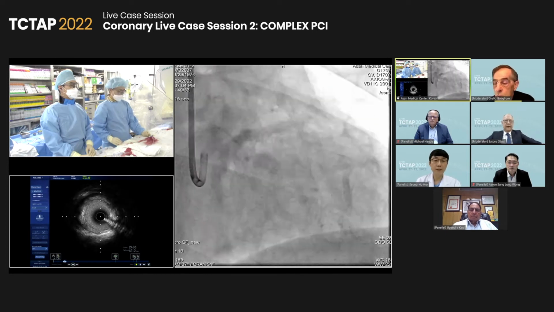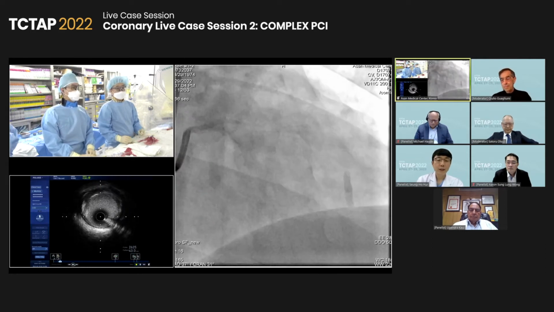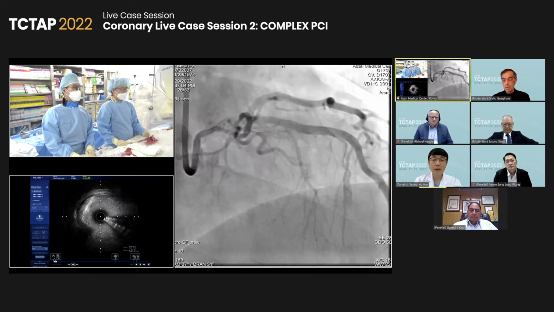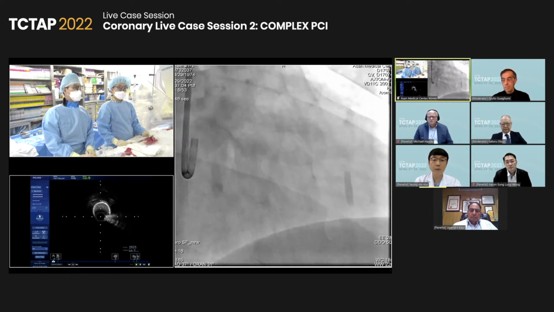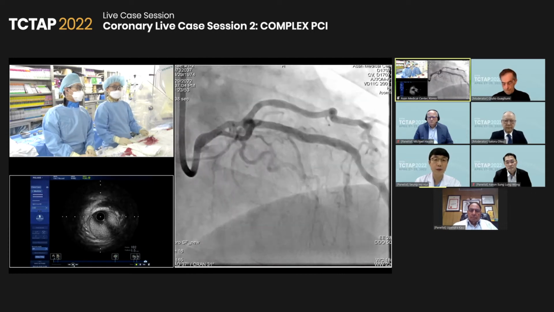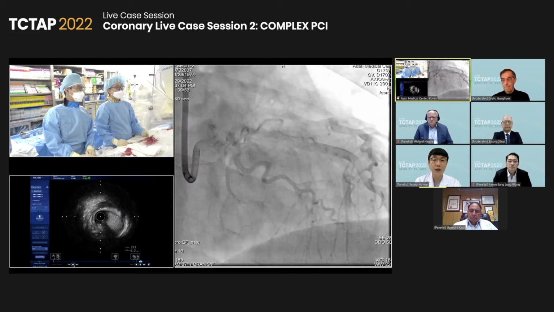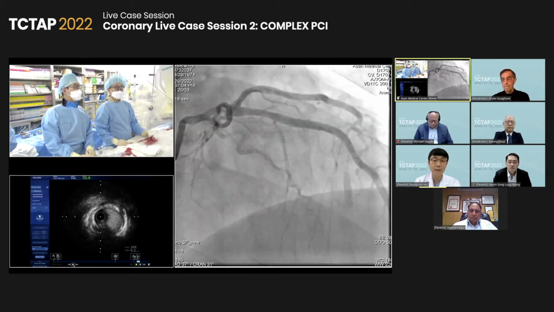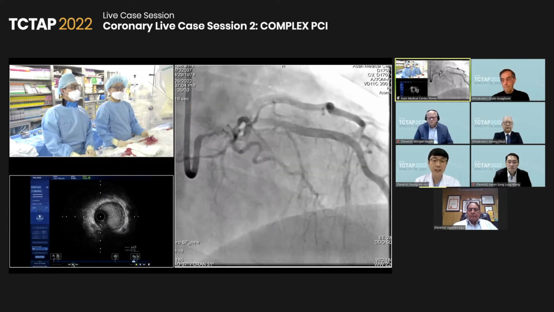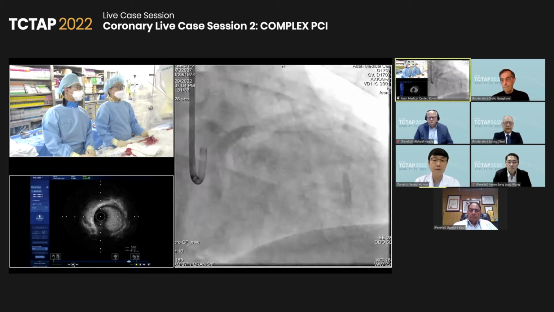So Dr. Ho, do you want to comment on this imaging and any type of strategy? Yes, thank you, Dr. Guarolini. I think one important thing is we also need to check the circumflex ostium, because the LAD ostium has significant disease, and the plaque already extends to the left main. So we have to clarify the plaque extension, not only for the LAD, but also for the circumflex.